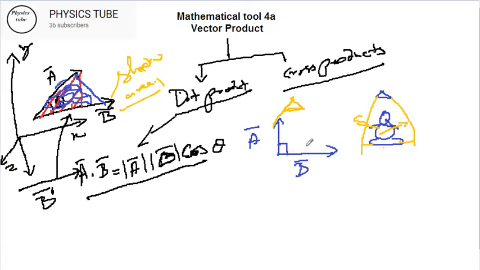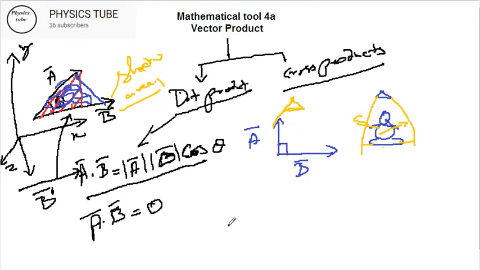So that means we are talking about vectors that are at 90 degrees. When it is 90 degrees, our mathematical formula says A dot B is A into B into cos 90, and because cos 90 is 0, this whole thing turns to 0.